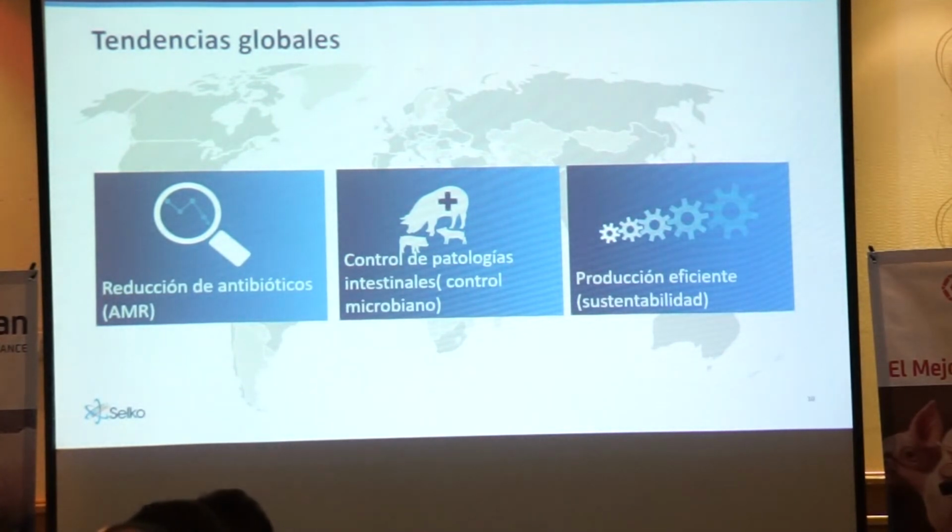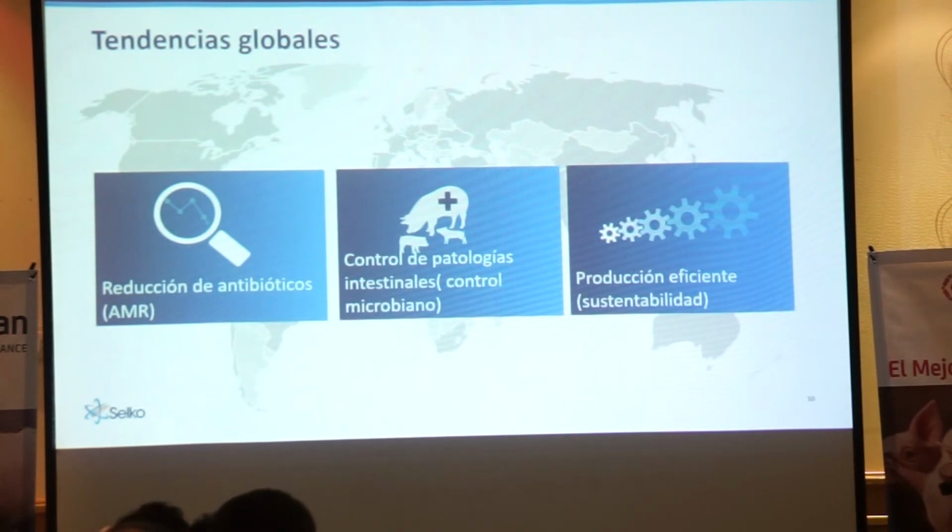So this is a little summary of some trends we see in the market. One of them is antimicrobial resistance. We see that some customers want to reduce the need of antibiotics. Another important factor is control of pathologies, intestinal pathologies.